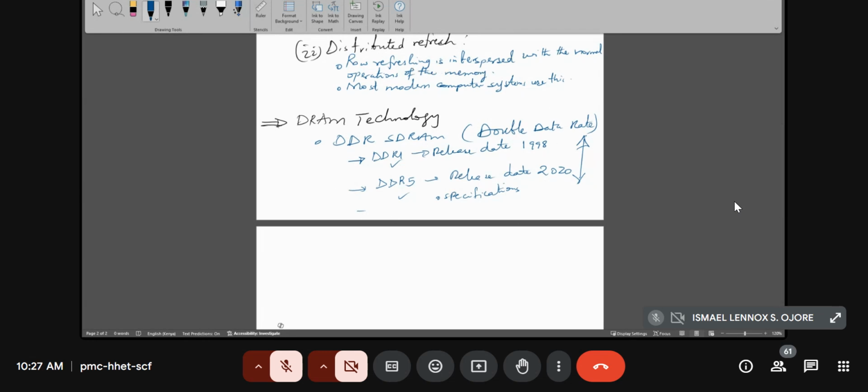So our last session on semiconductor memories is on memory expansion. That is what we'll be looking at today, expanding the word size and capacity.